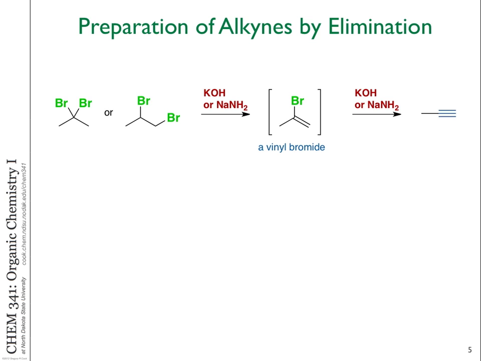And you could start from any number of things. So for example, if we want to make propyne, as shown on this slide, we could start either from 2,2-dibromopropane or 1,2-dibromopropane. It doesn't matter as long as we can get a hydrogen and bromide on adjacent carbons and do that twice.